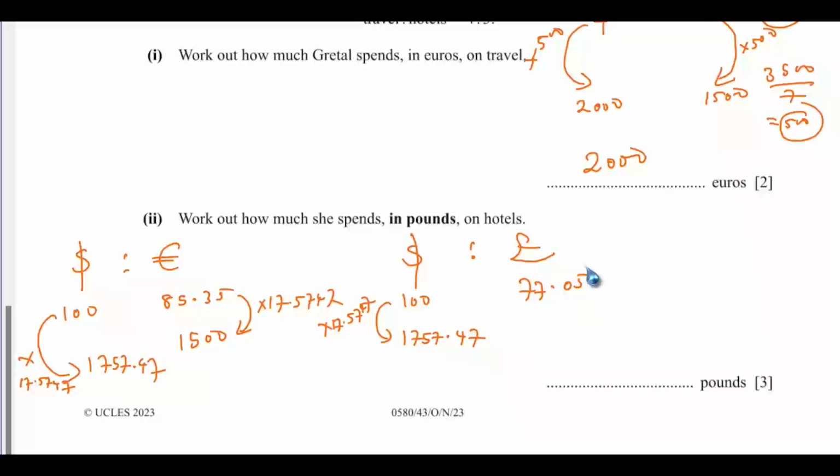So this multiplied by 77.05 will give us 1354.13. Okay, so that means he spends 1,354.13 pounds on hotels. So let's go to the next question.